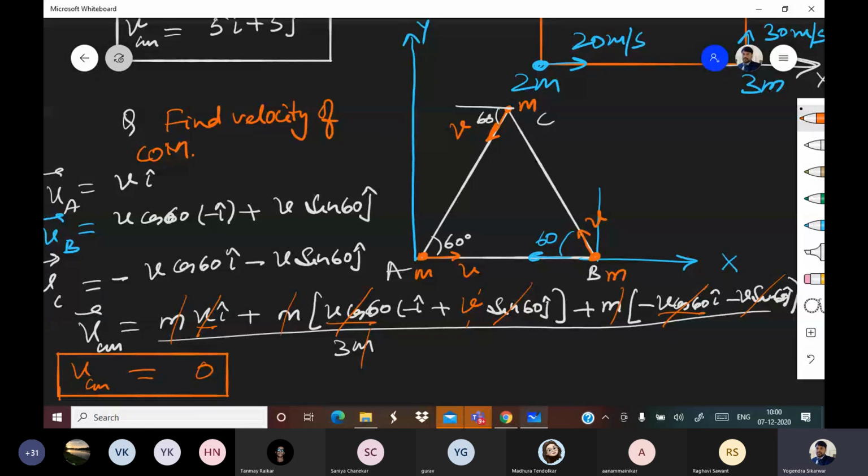Just by symmetry you can say that it will be at the centroid, because all three masses are equal.